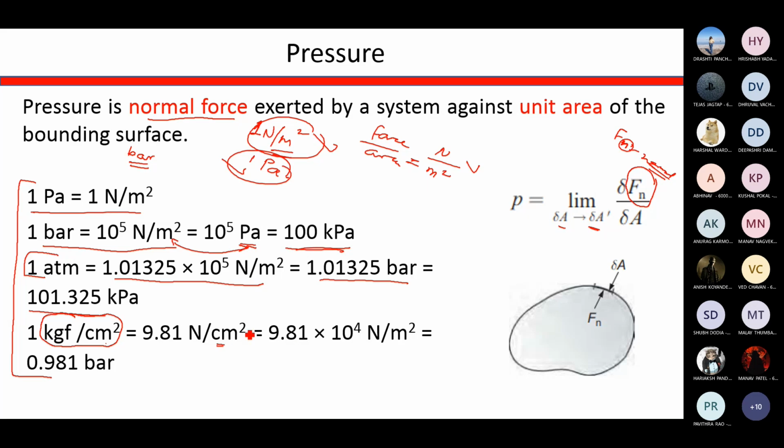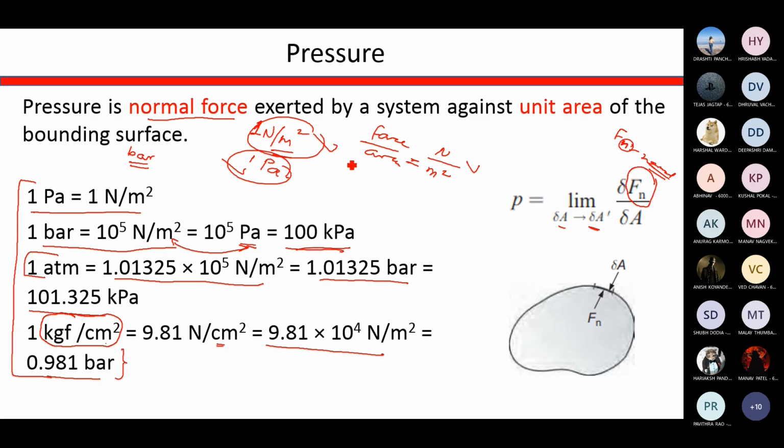So this 1 centimeter square will be 10 raised to minus 4 meter square. We know this. So this will go up in the numerator, so that's why this is written as plus. So write down 1 kgf per centimeter square is 9.81 into 10 to the power 4 Newton per meter square. This is also equal to 0.981 bar.